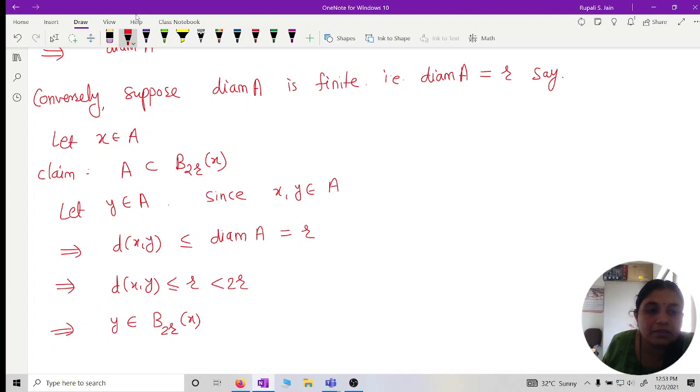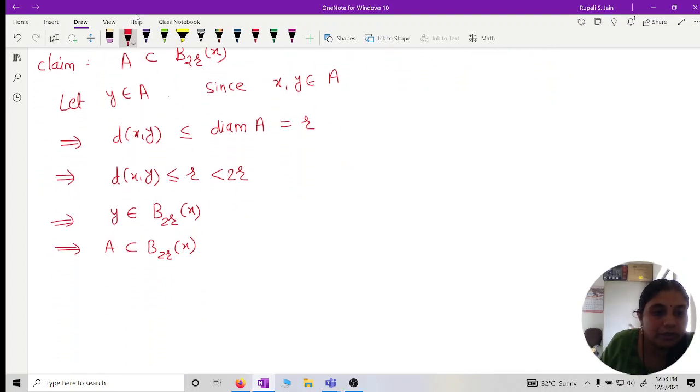This implies A is contained in B(x, 2R). So A is bounded. Therefore, A is bounded. Is that okay?